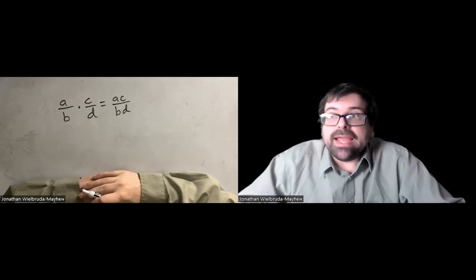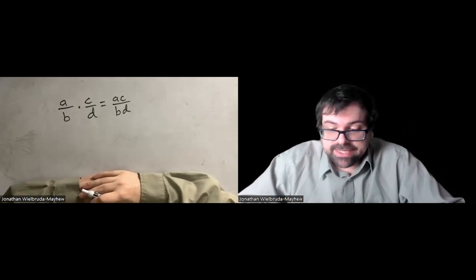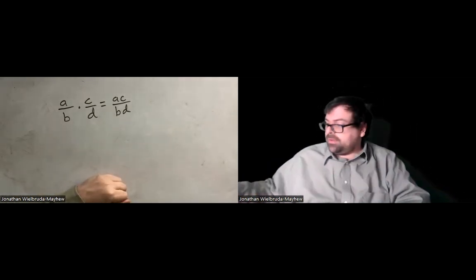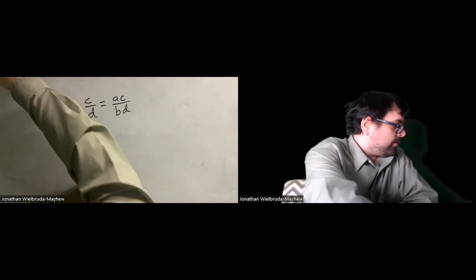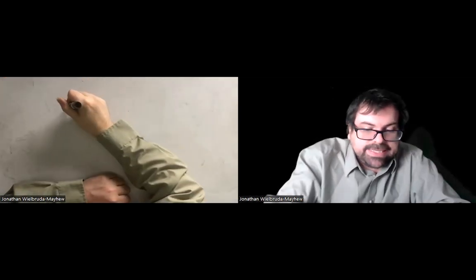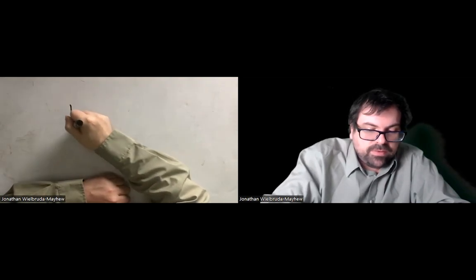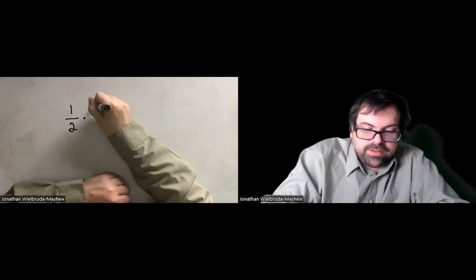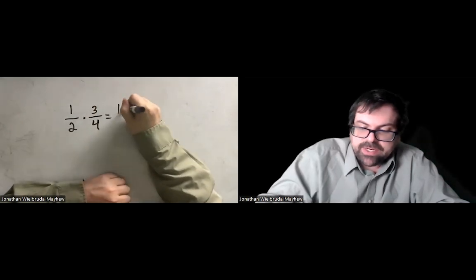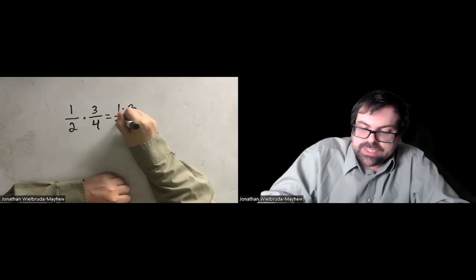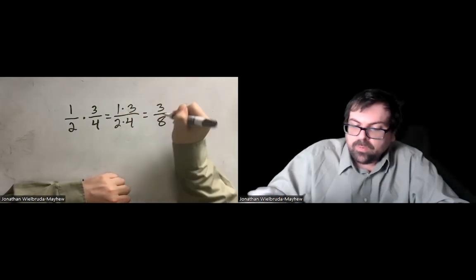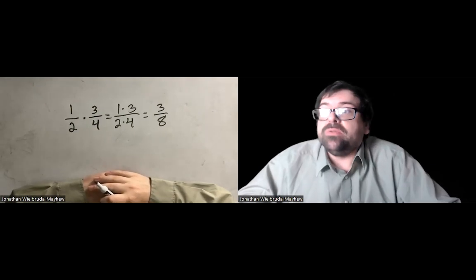AC over BD, A times C over B times D. An easy example, we have 1/2 times 3/4, 1 times 3 on the top, 2 times 4 on the bottom. 1/2 times 3/4 would be 3/8.